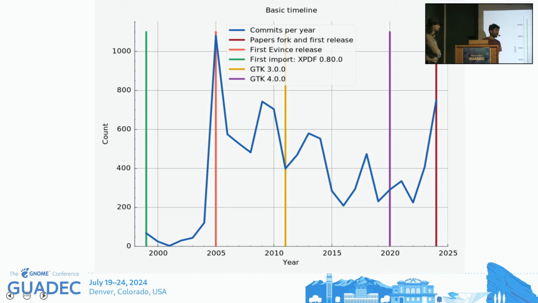If we want to talk about document viewers in GNOME, there have actually been several forks through the years. Evince started, or the first commit in history is an import from Xpdf, which is more or less as old as I am, so I can't tell much about it, apart from the fact that it was one of the first projects for PDFs in the Linux ecosystem.